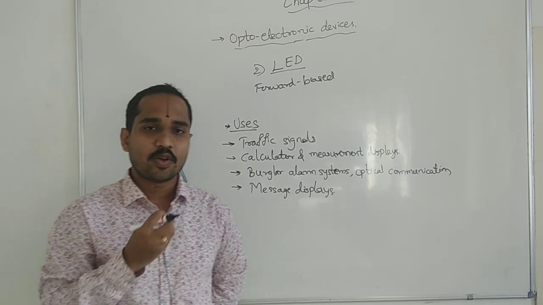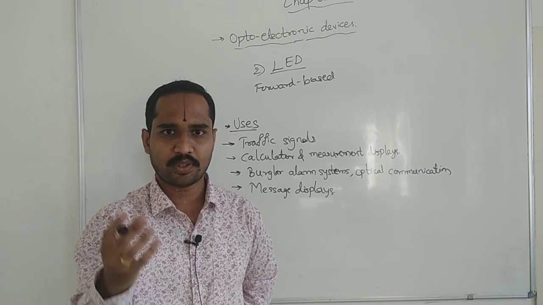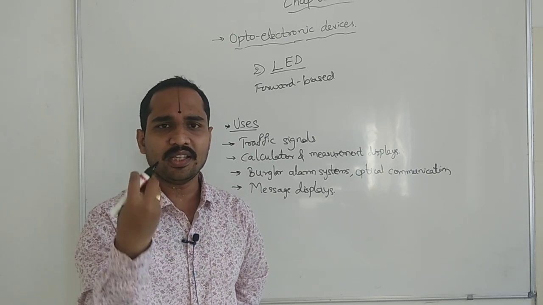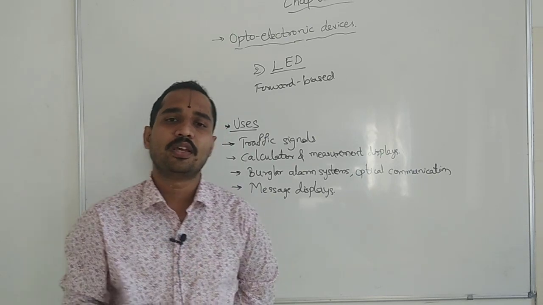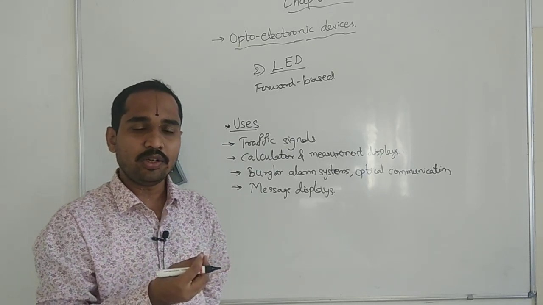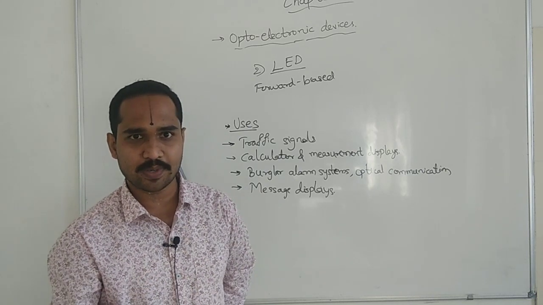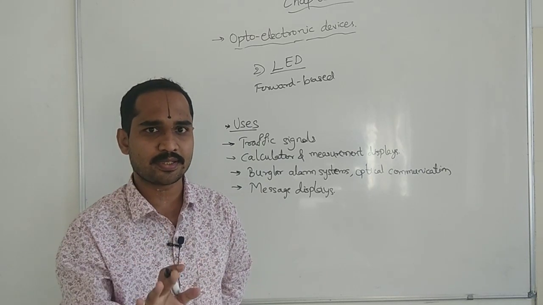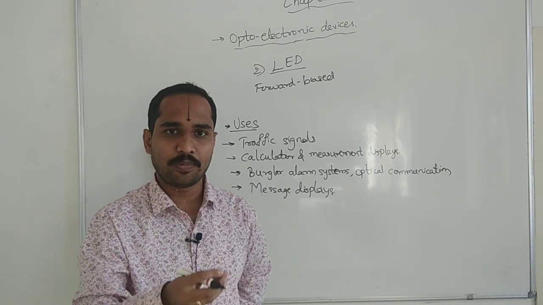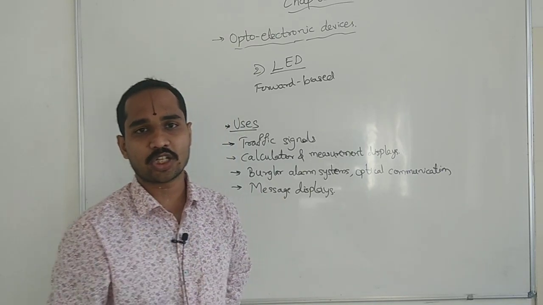What happens is, when you give electrical energy to any electronic device, be it a TV or something, the electron will move to the conduction band from the valence band. This is a natural process. Please remember this. Whenever you supply energy, the electron moves from the valence band to the conduction band.